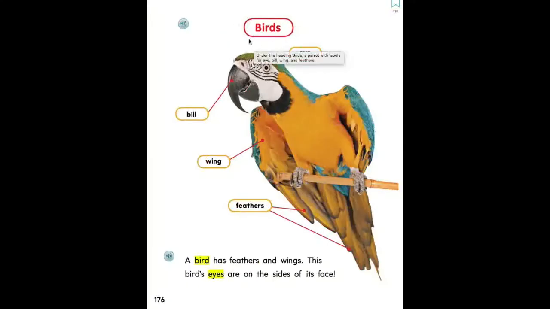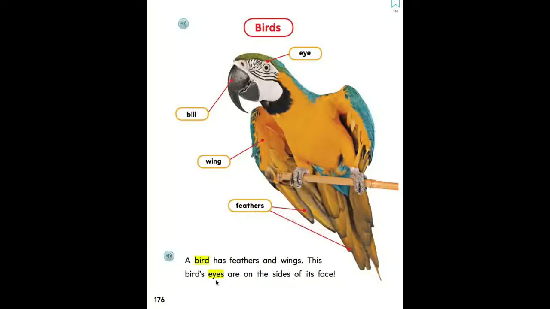Birds are one of the animal groups. Let's look at the labels. This label says eye, bill, wing, feathers. Wow, let's read. A bird has feathers and wings.